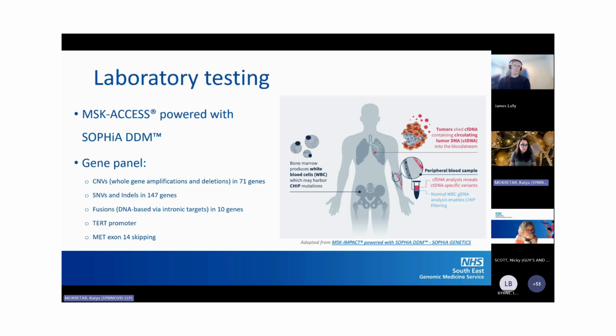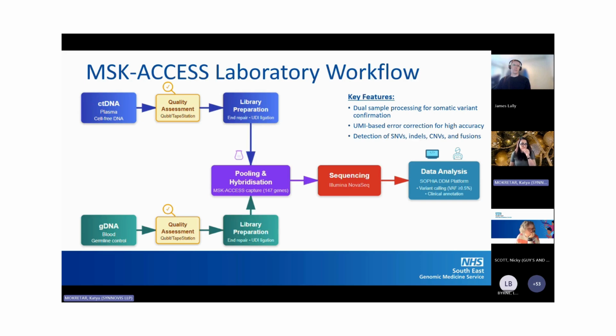This is a next generation sequencing panel, which covers CNVs in about 71 genes, SNVs in 147 genes, fusions, TERT promoter variants, and MET exon 14 skipping. This test also uses ctDNA as well as a normal blood sample, extracted from the white blood cells, and that's a germline blood.